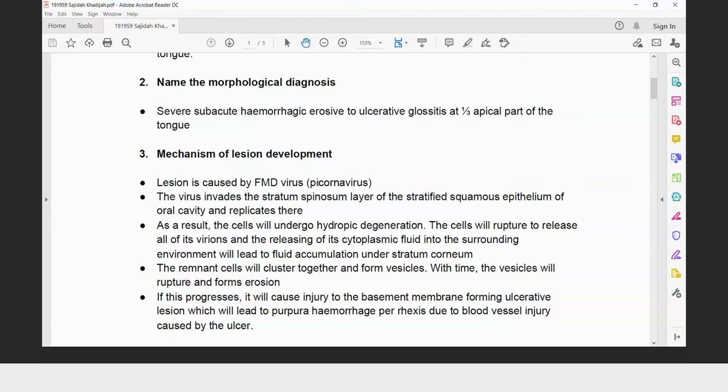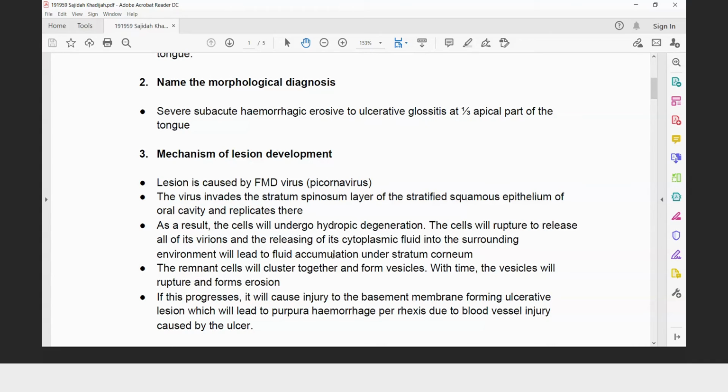If you are not sure about picornavirus, you can put FMD virus, but if you want to put one, it is also acceptable. The only thing is that when you talk about the mechanism of development of lesion, what is listed here is correct. Invade the stratum spinosum, yes. Hydropic degeneration, yes. Ruptured cytomeric fluid, okay.